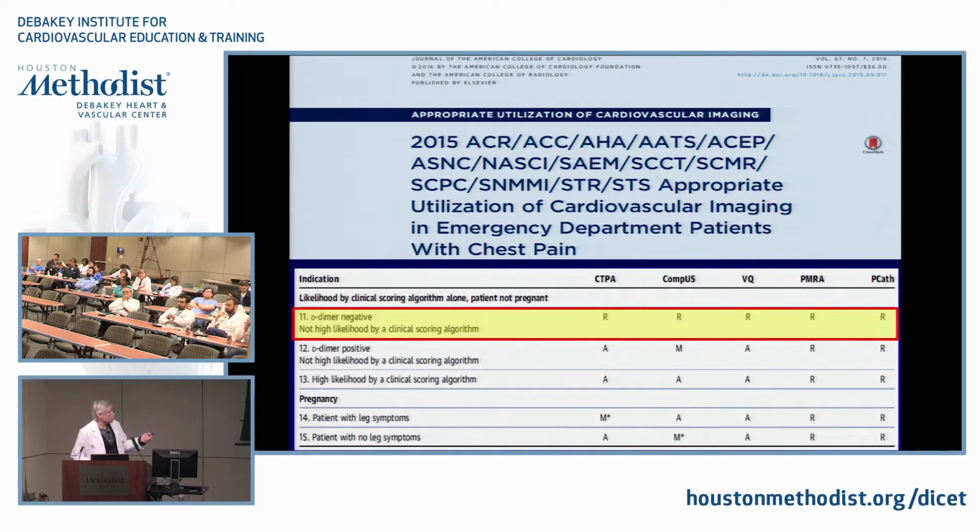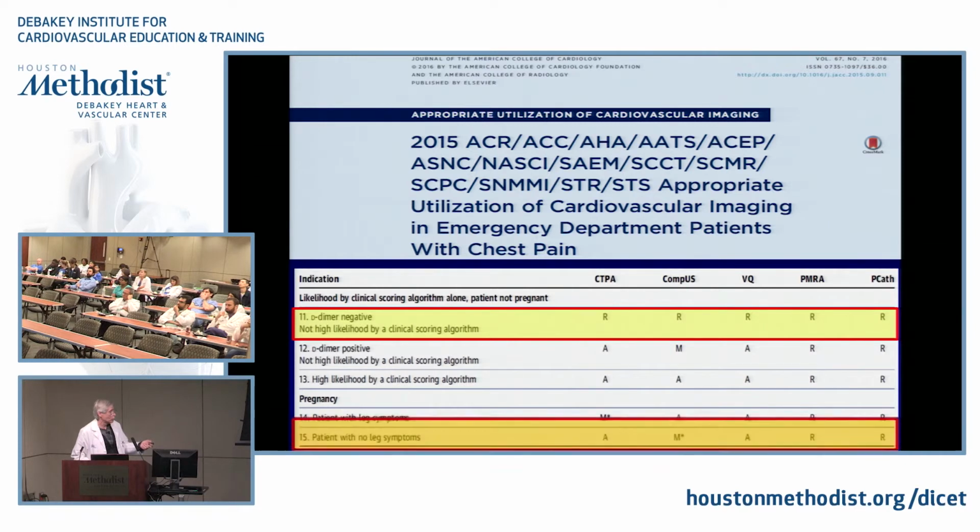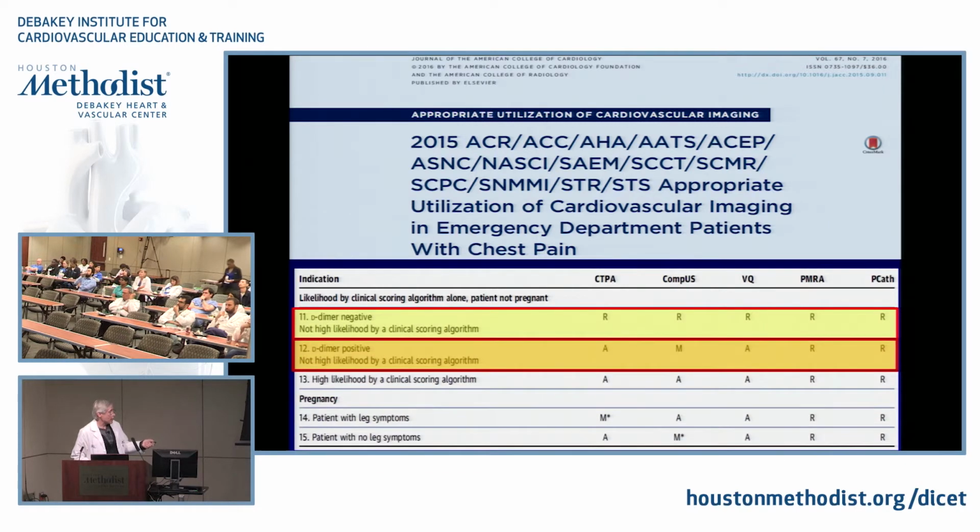And when you look at the issue of looking for pulmonary emboli, obviously if people are D-dimer negative, none of these tests, ultrasound, VQ scanning, et cetera, make any sense to do. But in people that are not high likelihood but still are D-dimer positive, CT comes out very high. And at high likelihood, CT again comes out very high. So CT has now become really the gold standard for looking at pulmonary emboli, whether patients have it or don't have it.